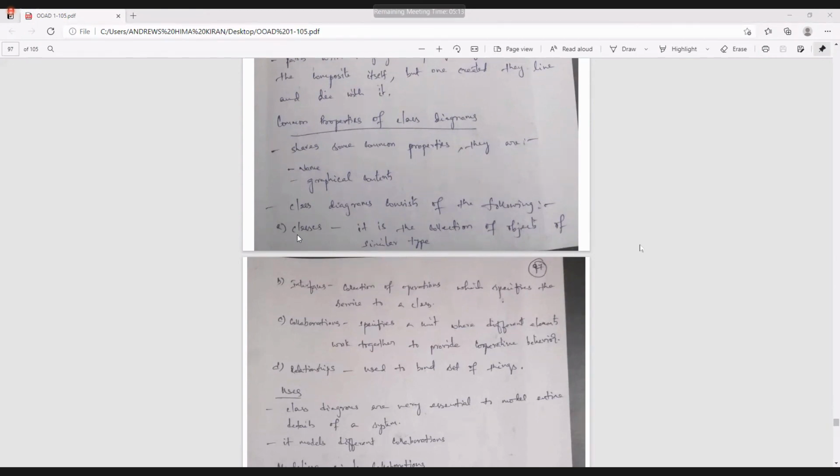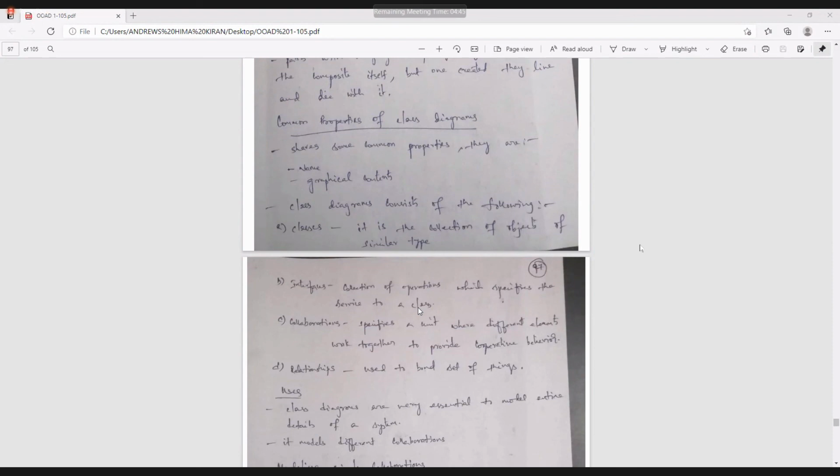Next, collaboration. Collaboration specifies a unit where different elements work together to provide cooperative behavior. If you want to mention any cooperative behavior between one element and another, or group all the elements which participate in cooperative behavior, then I have to place all those elements in one single entity, which is called collaboration, represented in the form of a dotted ellipse.